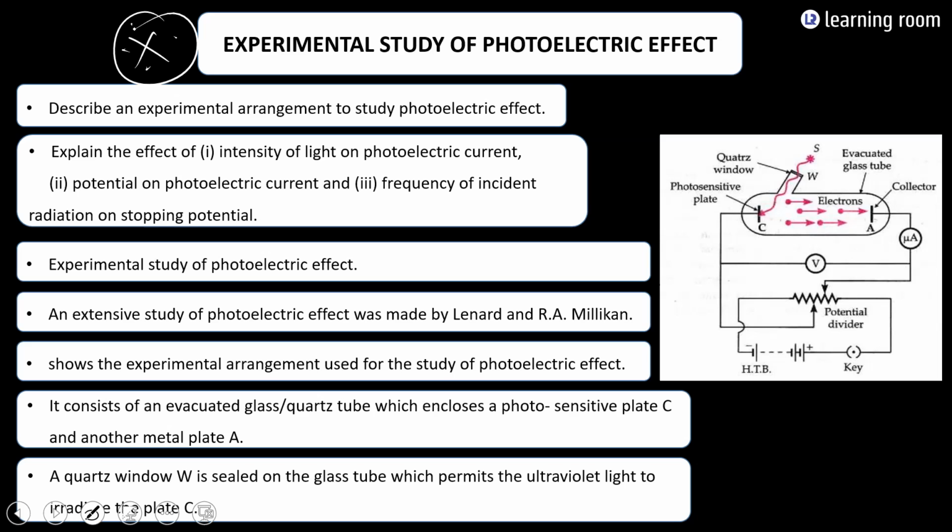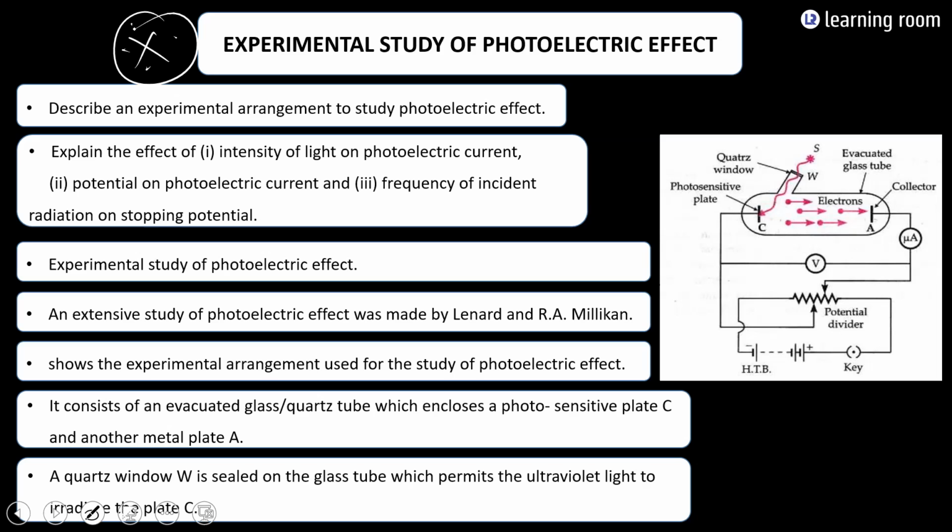Now, since I explained the whole story already, let me read out the points from here so that you will understand. This is the experimental study of the photoelectric effect. It is an extensive study of the photoelectric effect, which was made by Lenard and R.M. Millikan. What does this experimental setup show?